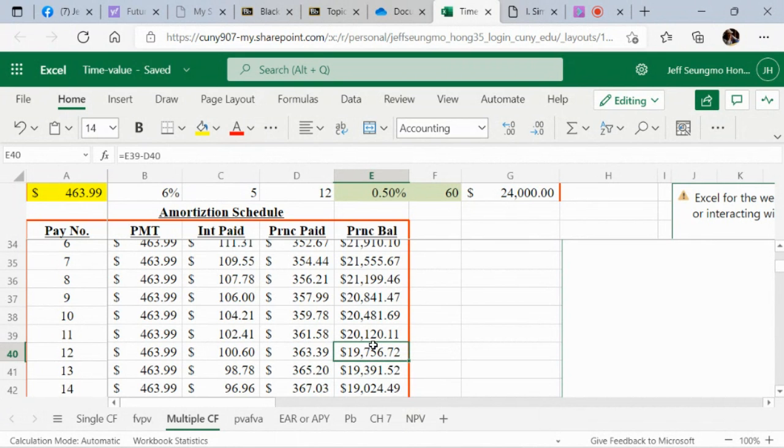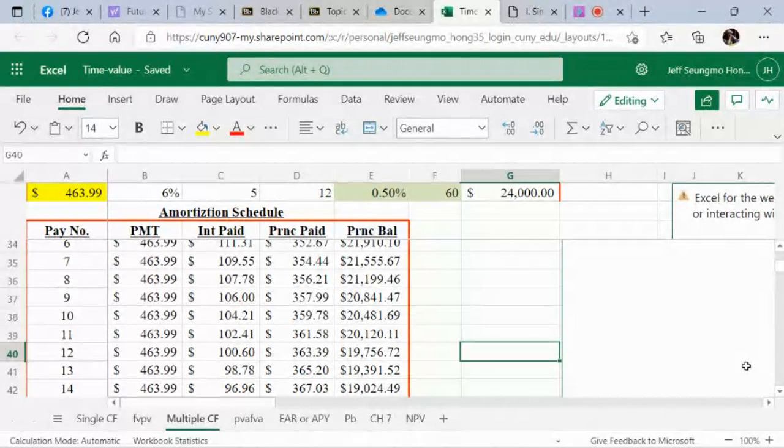Of course, in reality, there will be a few more dollars. Probably at least $20, $30, some transaction cost, some fees, right? But it won't be much different from this amount.